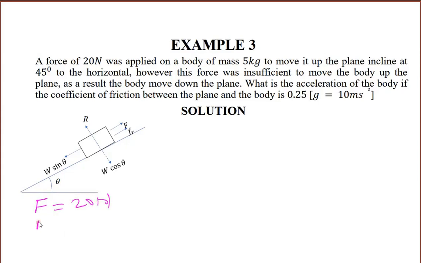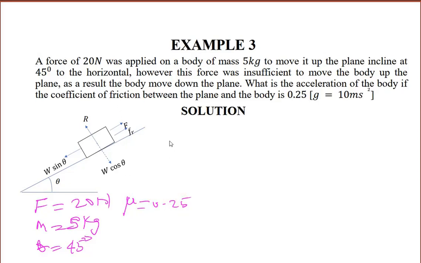The mass of the body is 5 kg, to move it up the plane inclined at 45 degrees. However, this force was insufficient to move the body up the plane. As a result, the body moves down the plane. What is the acceleration of the body if the coefficient of friction, mu, is 0.25?